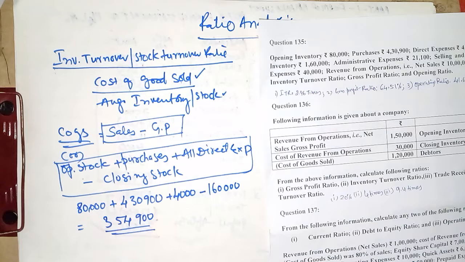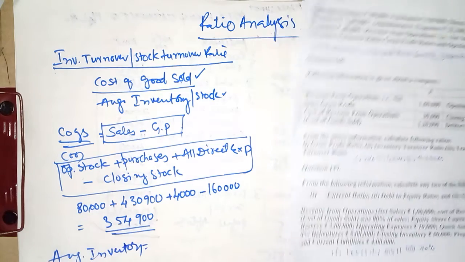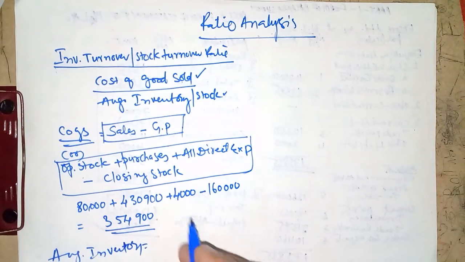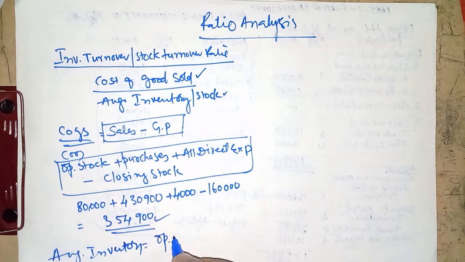Once you get the COGS, what is the next item to be calculated? We need to calculate average inventory. The average inventory formula is opening inventory plus closing inventory divided by 2.